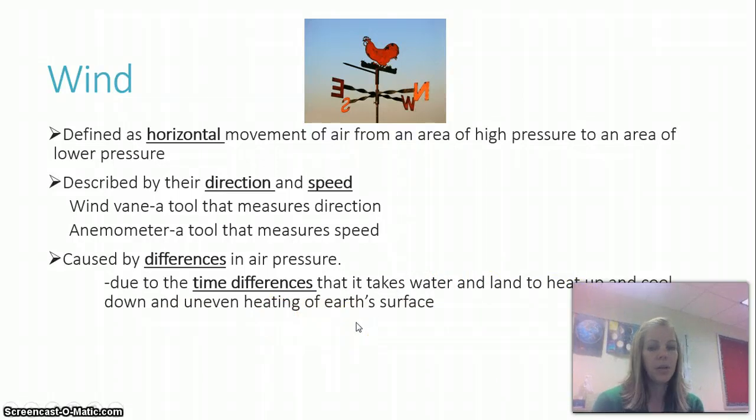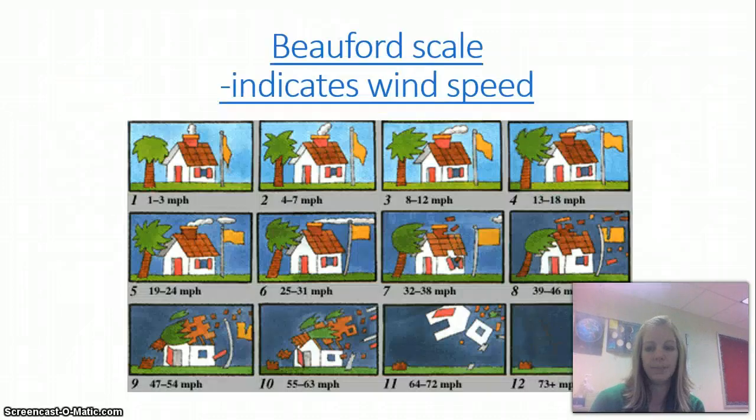So when we talk about local winds, these are mainly caused by the time differences that it takes soil and liquids, or solids and liquids, to heat and cool. When we talk about global winds, that is on a larger scale, we are talking more about it's due to the uneven heating of the Earth's surface that causes the differences in air pressure.